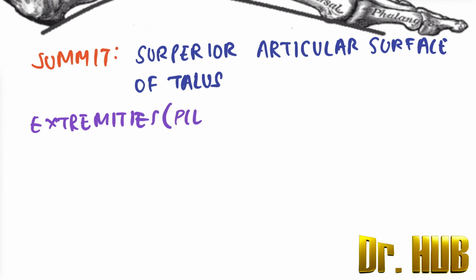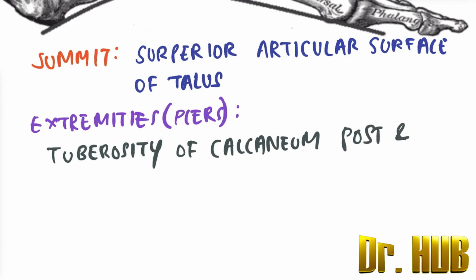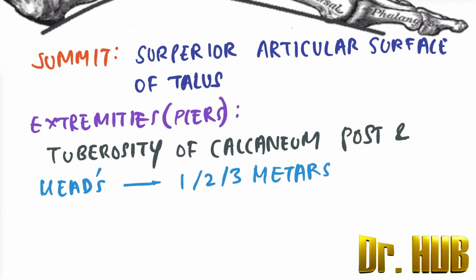Under extremities, there is the tuberosity of the calcaneum, and this is present posteriorly, and also the heads of the first, second and the third metatarsal anteriorly.